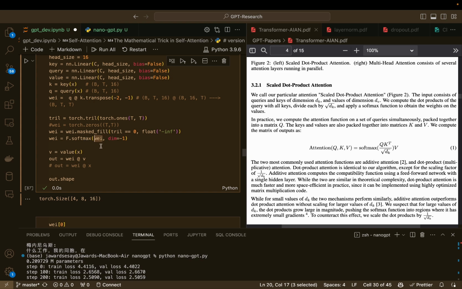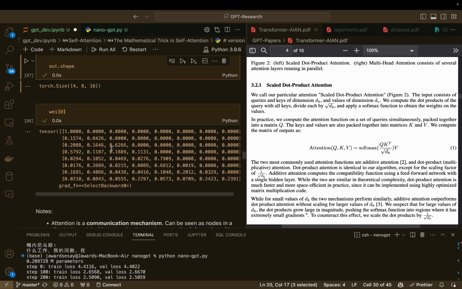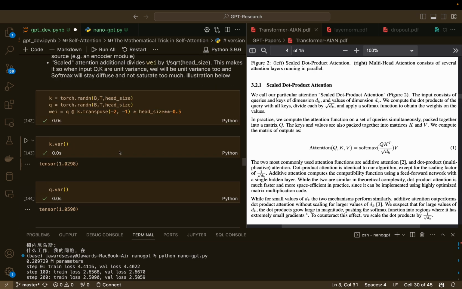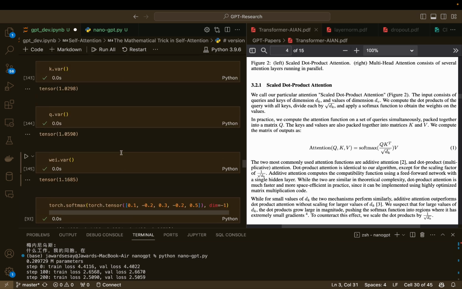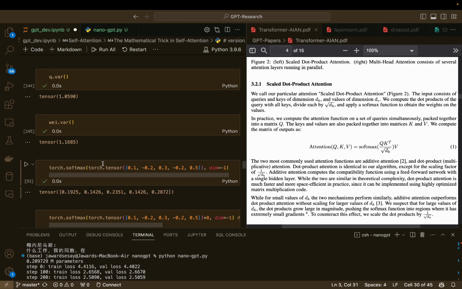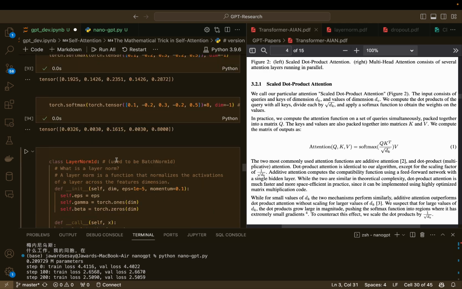So that's the reason behind multiplying it by 1 divided by the square root of the head size. So yeah, that's all for the attention layer. I believe that is the most important part of this video.